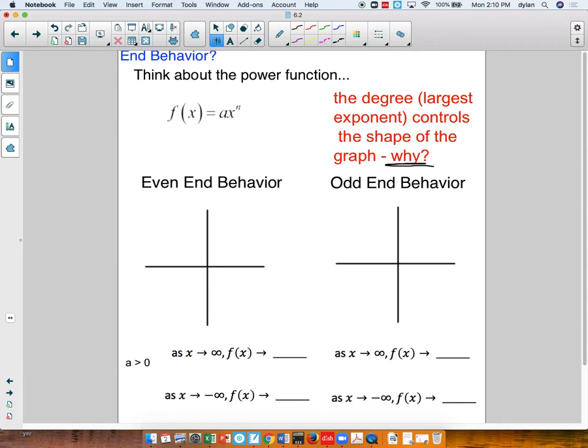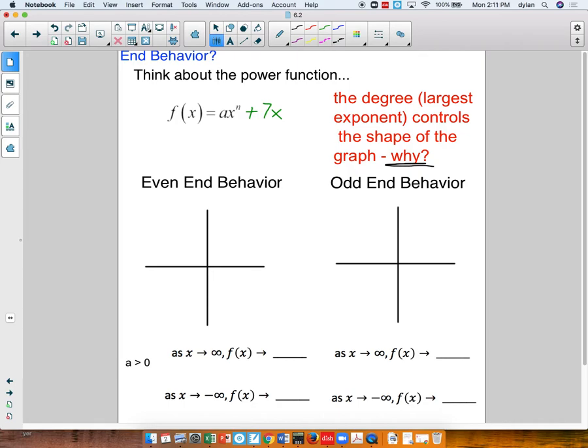For example, if we had ax to the n plus, say, 7x, and imagine that n was the third power, once x gets huge, say a million, a million cubed is going to dramatically outweigh 7 times a million. And that gets progressively more true as x gets larger and larger, either towards positive infinity or negative infinity.